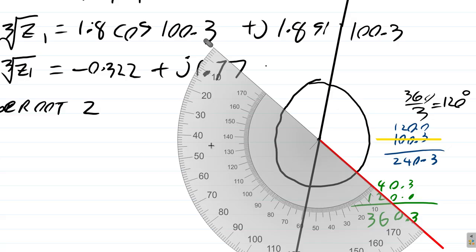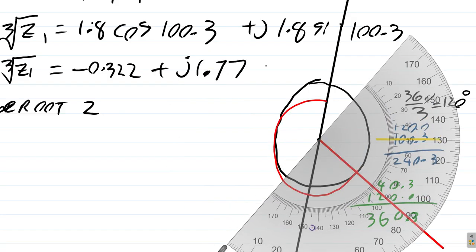And then you rotate it again. So from here to here, 240. And then from here you rotate again, 240 and another angle.